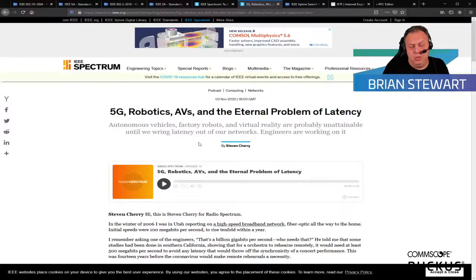And this is actually through the IEEE Radio Spectrum podcast. It's got a great discussion on how latency impacts networks and communications, and how that's going to affect a lot of different industries going forward, whether that is remote surgery or other things that are very, very latency sensitive. The time between the sending device and when that signal is received is very important from a networking perspective.